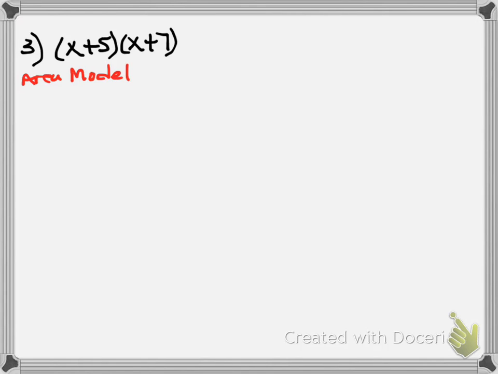So since I have 2 terms here and 2 terms here, I'm going to create a 2 by 2 matrix, or fancy word for box. So it's going to have 2 across, 2 down, for a total of how many boxes altogether inside? A total of 4 boxes.